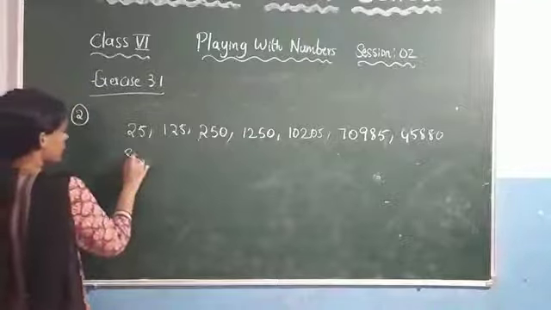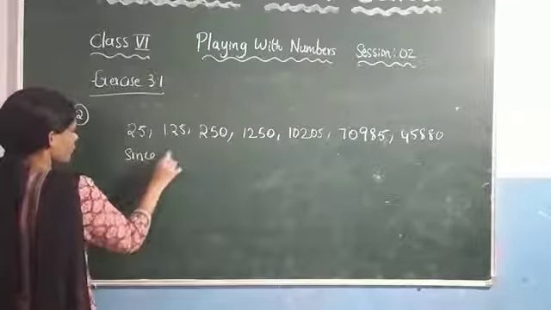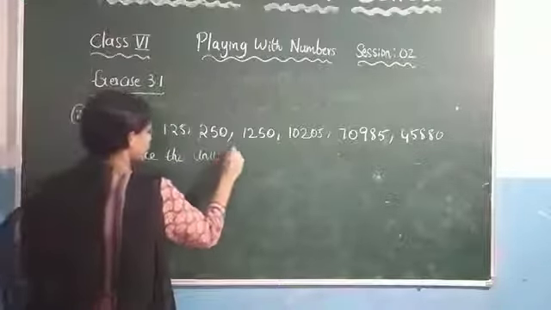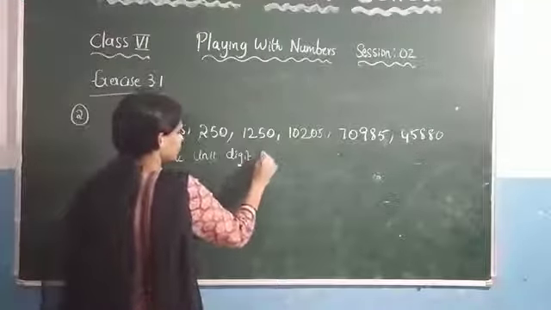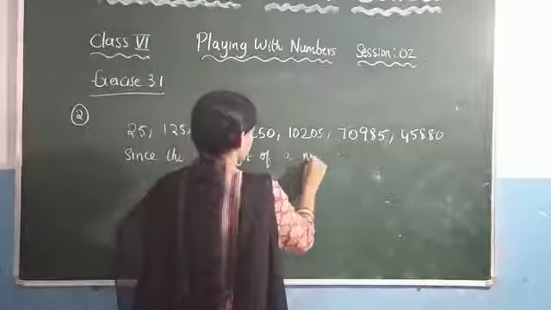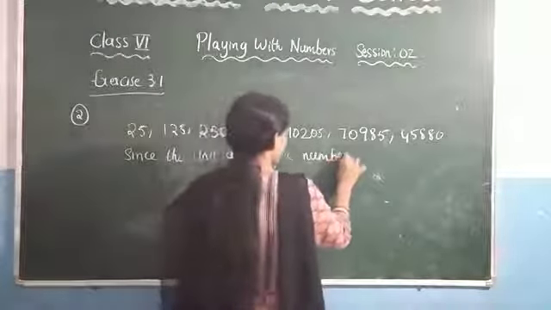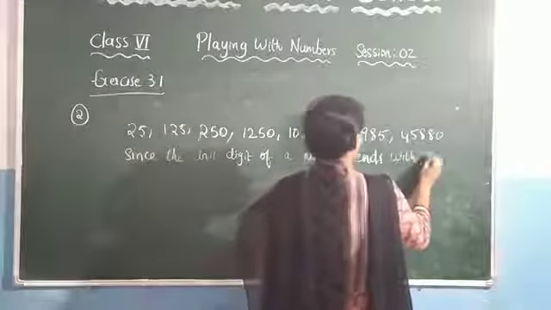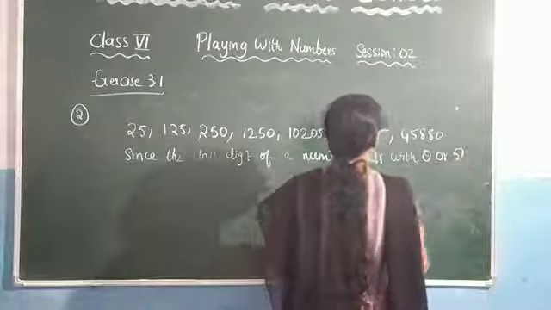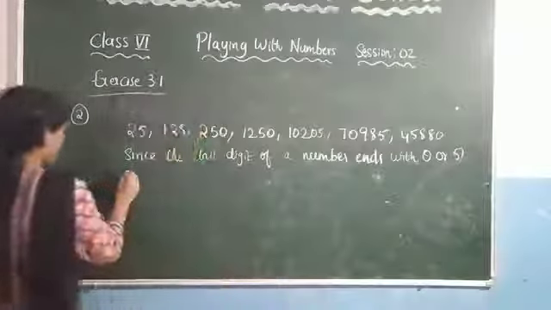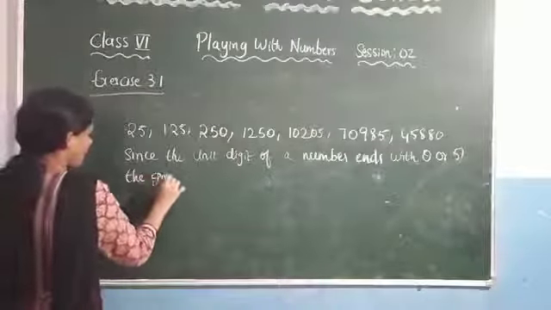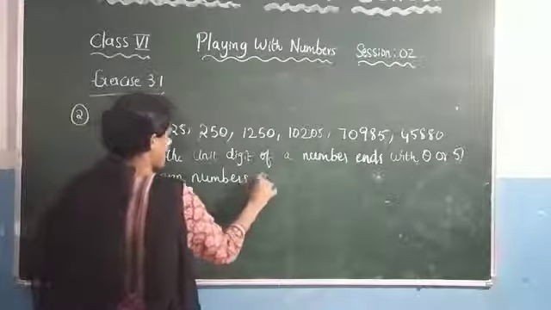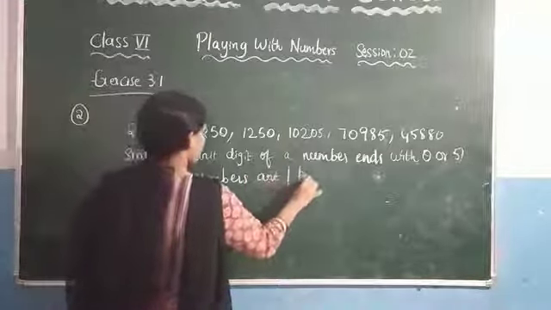Write it here. Since the unit digit of a number ends with 0 or 5, the given numbers are divisible by 5.